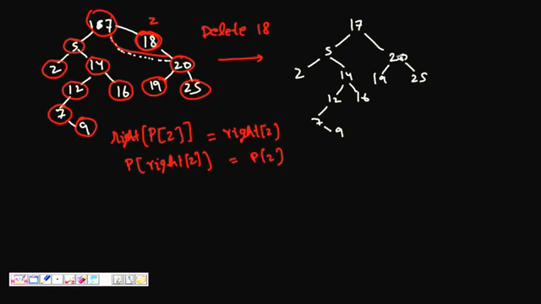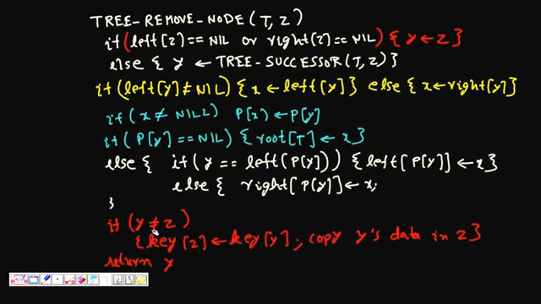Now 20 is here. So now let's look at the code and how it will look. Tree remove node: the tree is given, and z is the node which we want to remove. Let's see the first line. If left of z is null or right of z is null, it means it has either one child or no child.